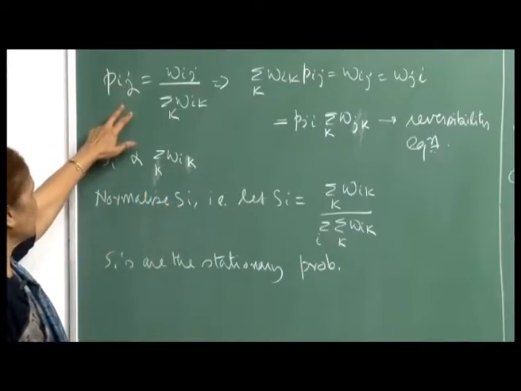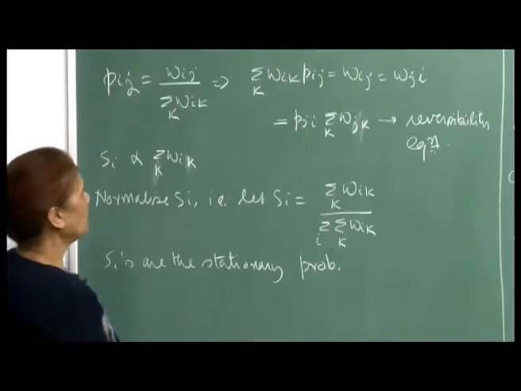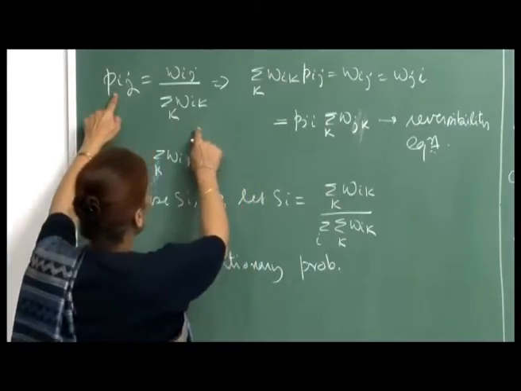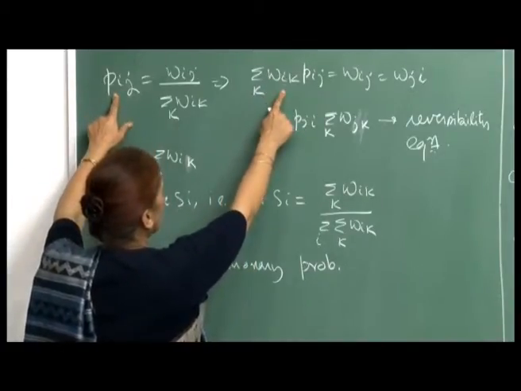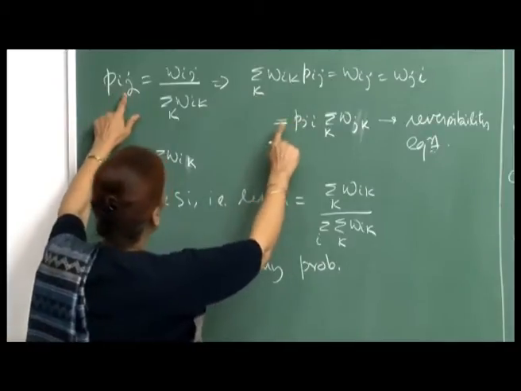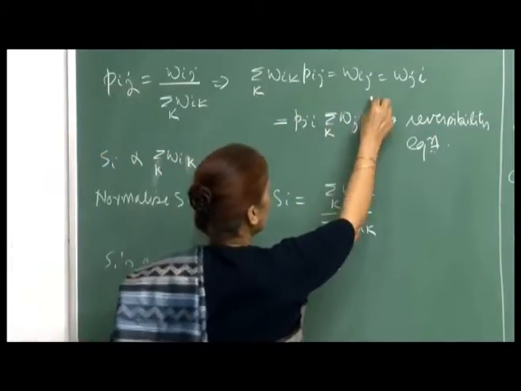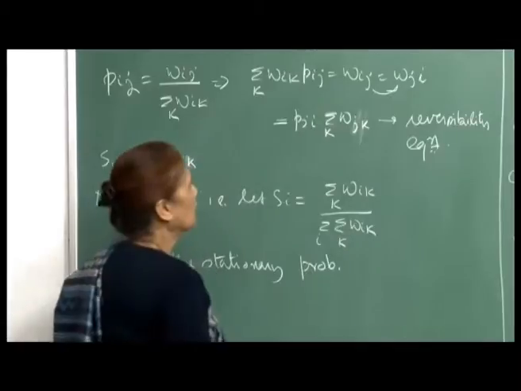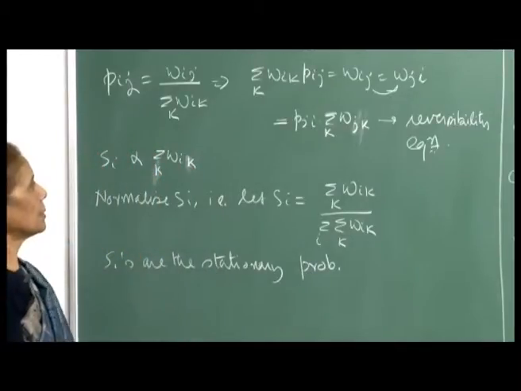So, you define Pij as Wij over this. If you write this as Wij equals Pij times sigma Wik, summation with respect to k, and of course we impose the condition that Wij is Wji.